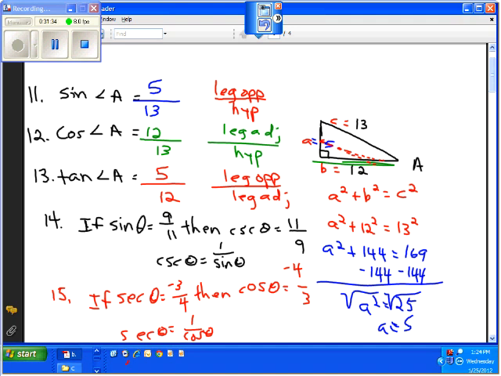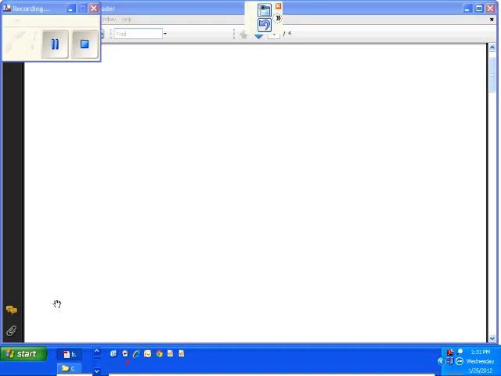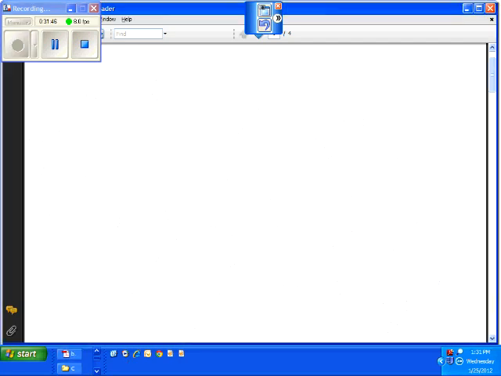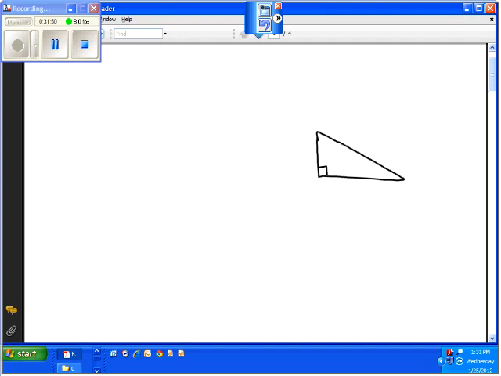Okay? And then what we're doing on the rest is we're naming all of the trigonometric ratios just from that picture. So we're going to draw another picture and kind of do the same thing. So in the next picture we have 17, 8, and we don't know this one.